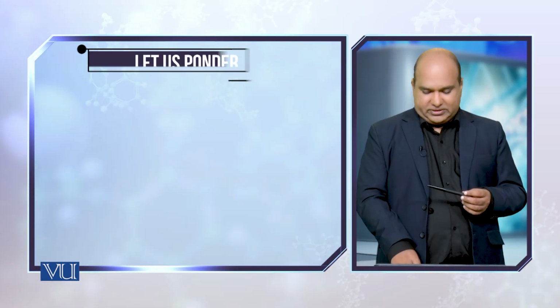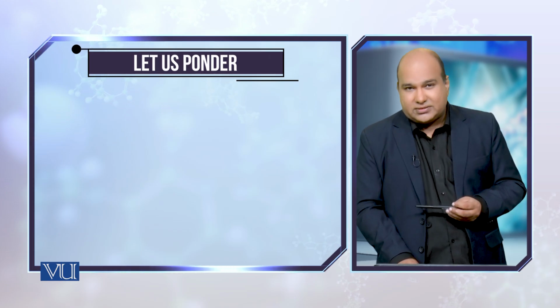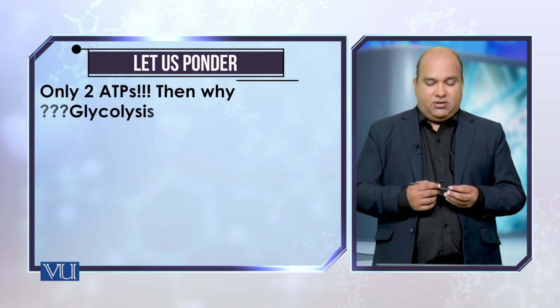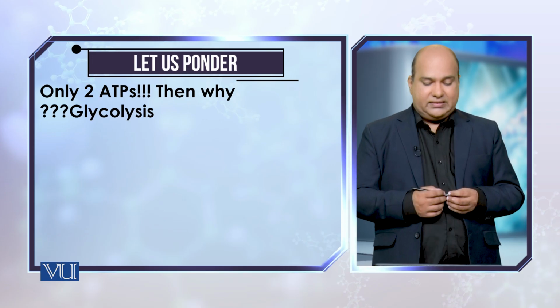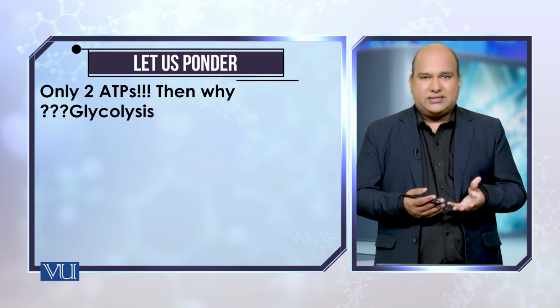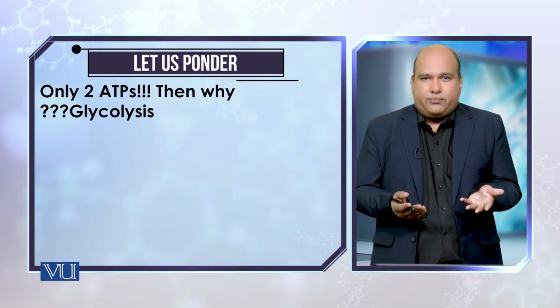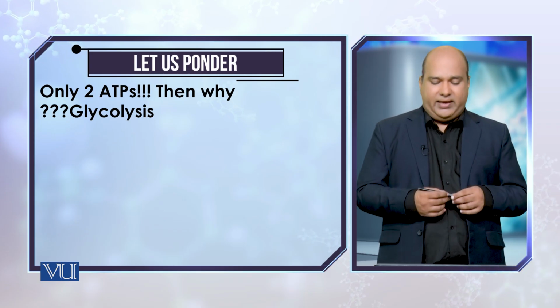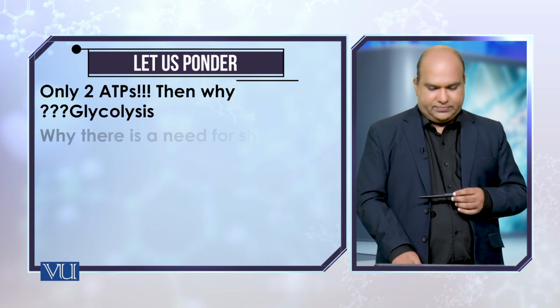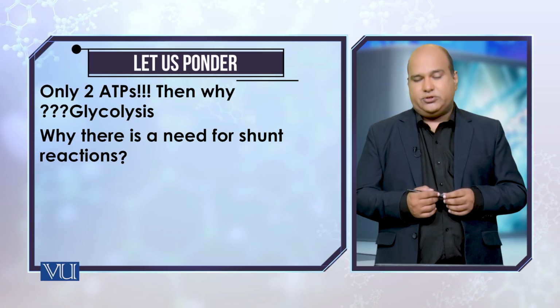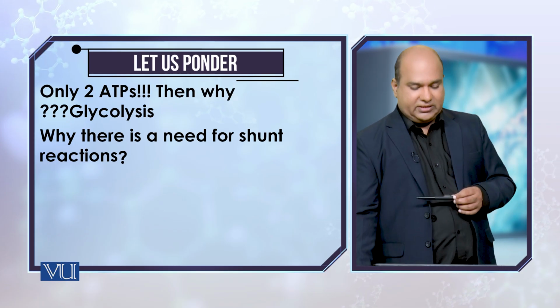So, let us have some questions. We should ask ourselves these questions. Why only 2 ATPs, and why glycolysis? I mean, if you only get 2 ATPs at the end of the day, why do we need glycolysis? Why is there a need for shunt reactions?